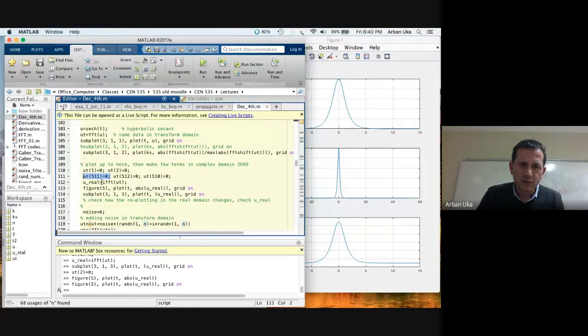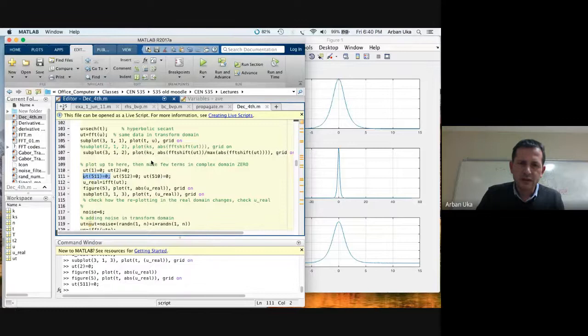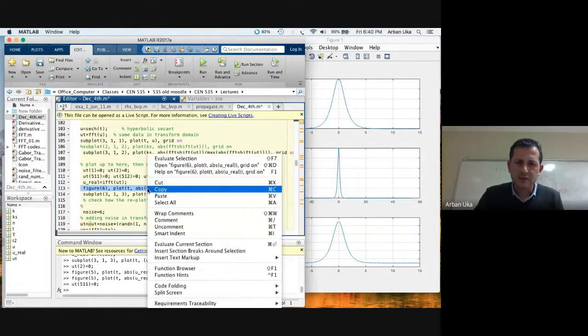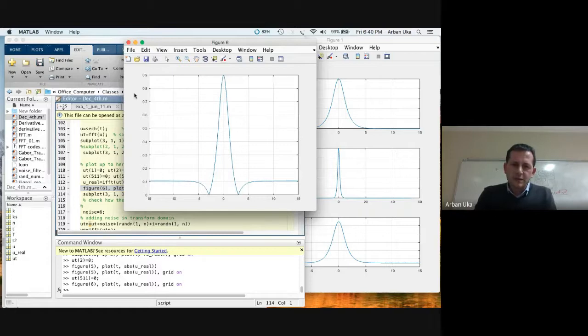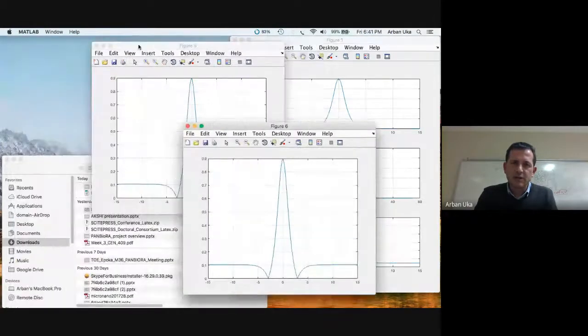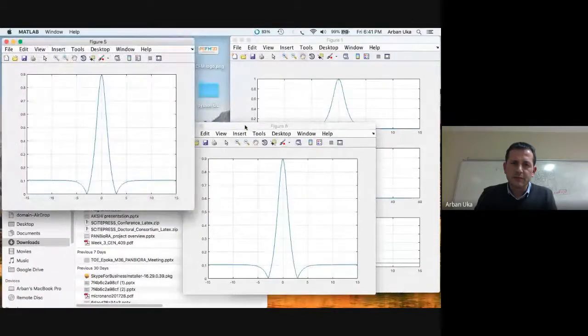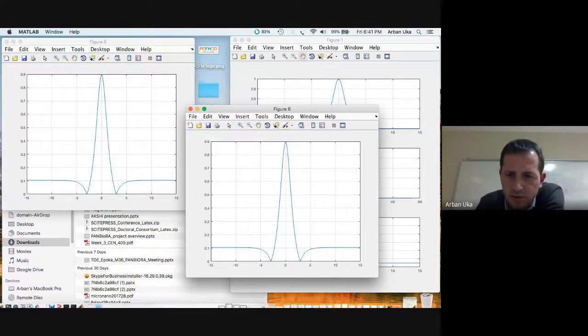We can change one more. Evaluate the selection, and let's show figure 6. Let's see how much this can change between 5 and 6. Okay, we didn't see much. They seem to be very similar.